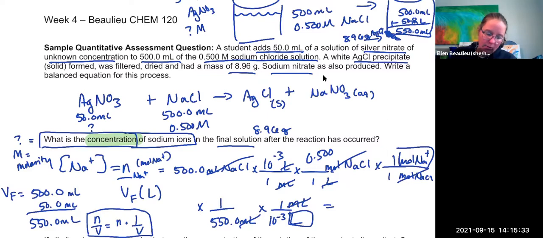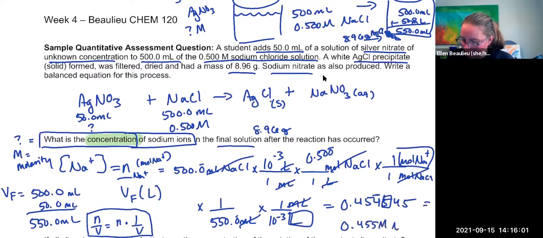So 500 times e to the negative 3 times 0.5, divided by 550 divided by e to the negative 3. And I got 0.454545 going on and on. 4 sig figs, 4 sig figs, 3 sig figs. I can have 3 sig figs. So 0.455 molar sodium.